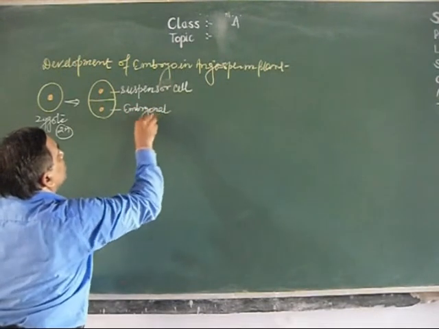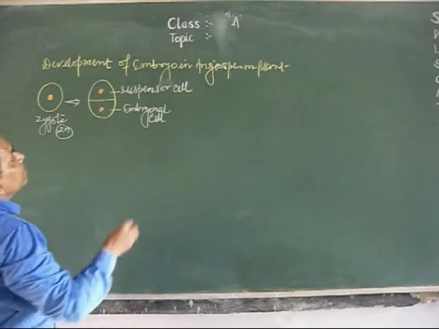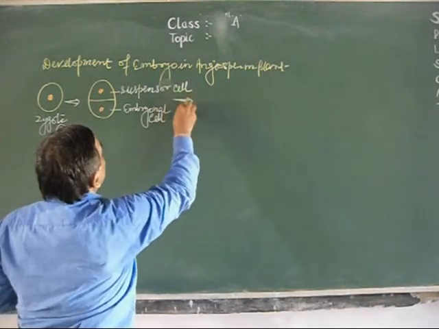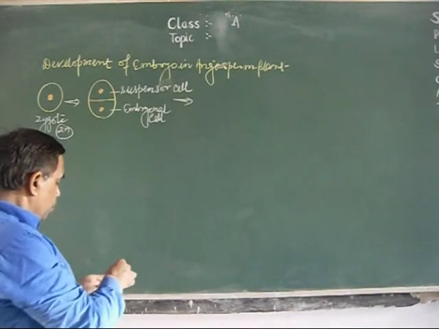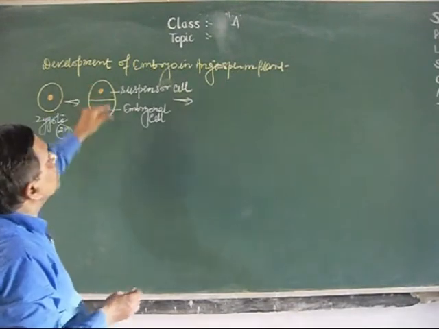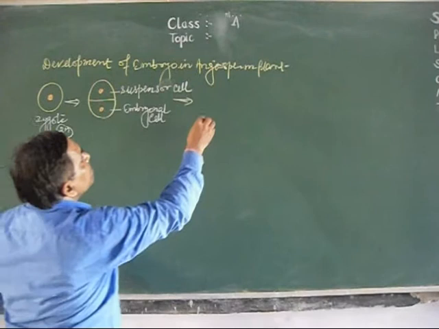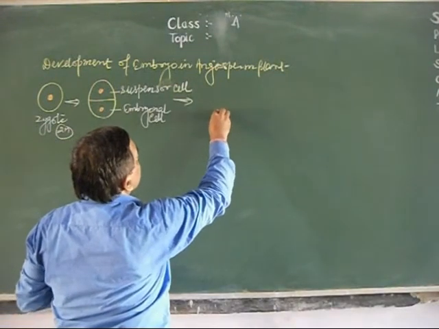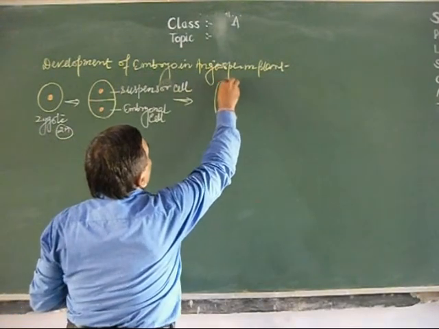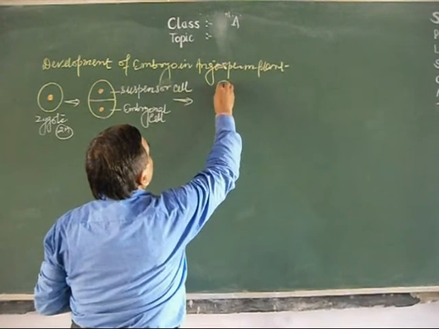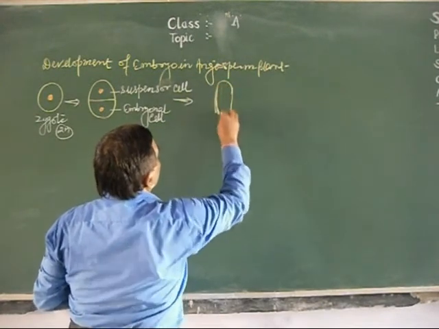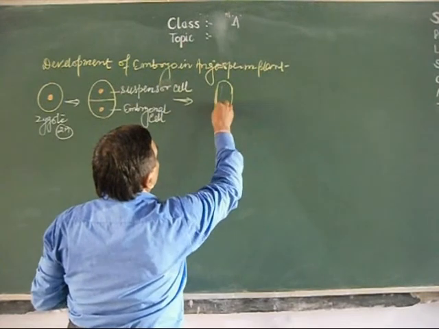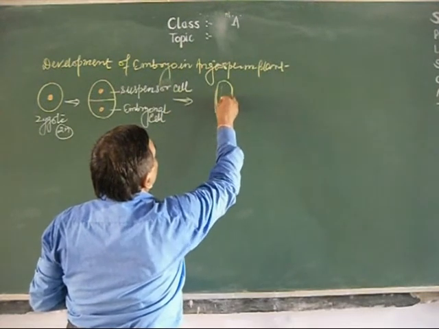embryonal cell. In next step, these both cells undergo division by mitosis division. So when the suspensor cell divide, it forms a set of linear cells. A set of linear cells here, one, two.